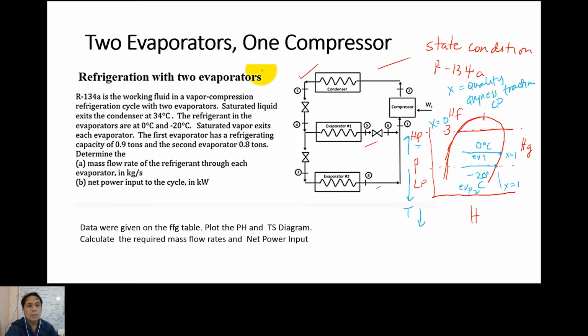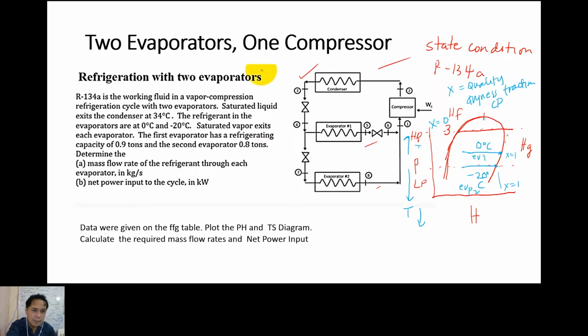So here, there is no dryness because it is wet. Pure liquid means saturated liquid, zero. Here is pure vapor, 100% vapor. There's no amount of wetness here. That's why it is 100%.